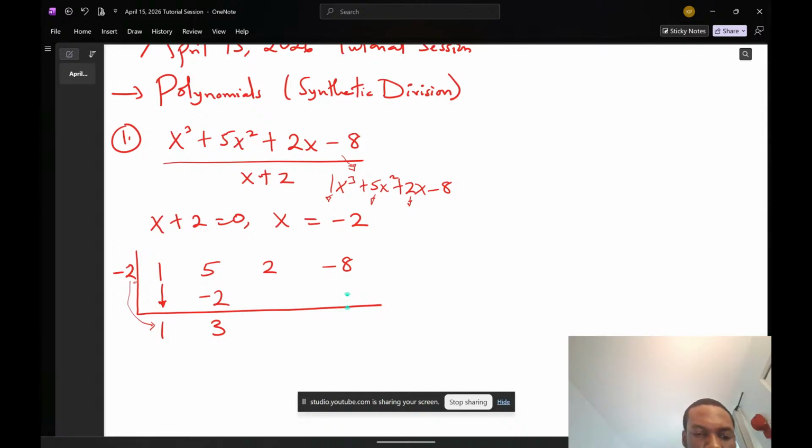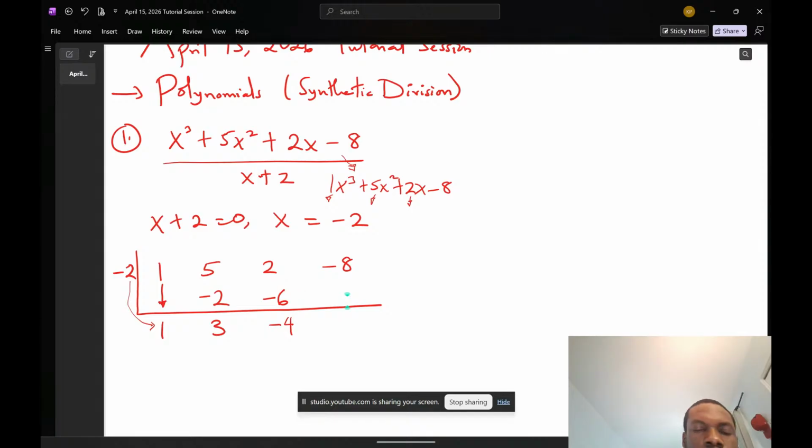Now we'll do minus 2 times 3, which will give us minus 6. So we'll write minus 6 here. Now we add it up. 2 plus minus 6 is the same thing as 2 minus 6, which will give us minus 4.